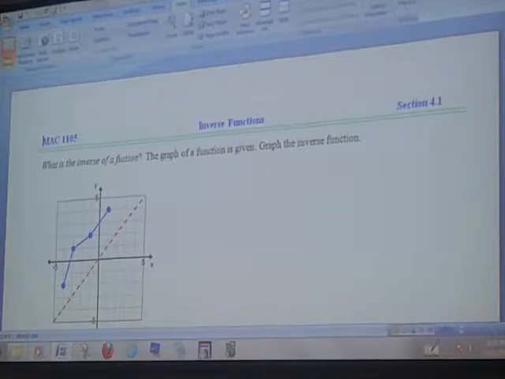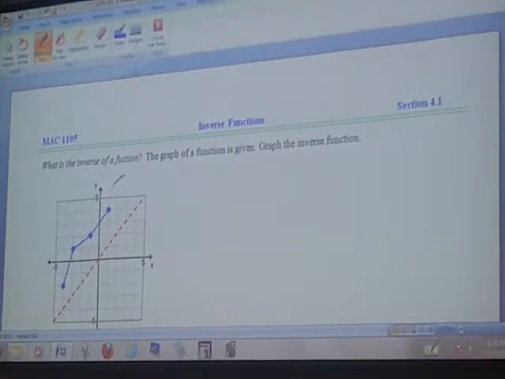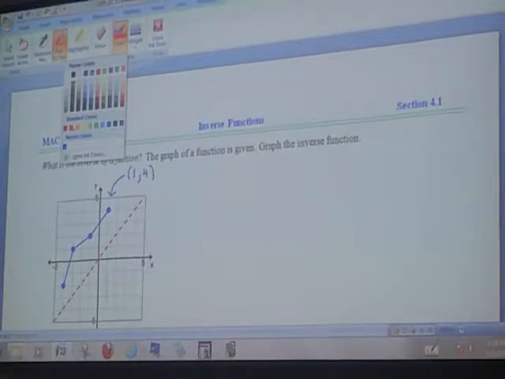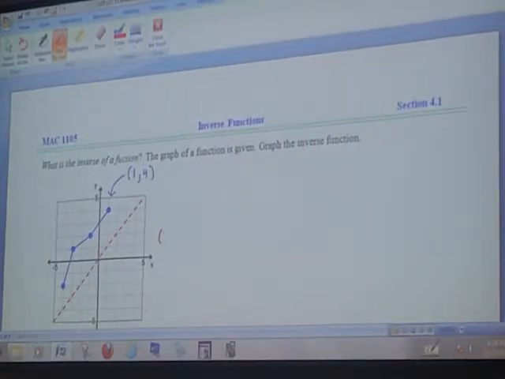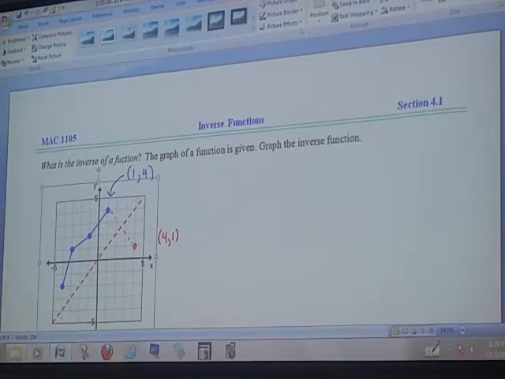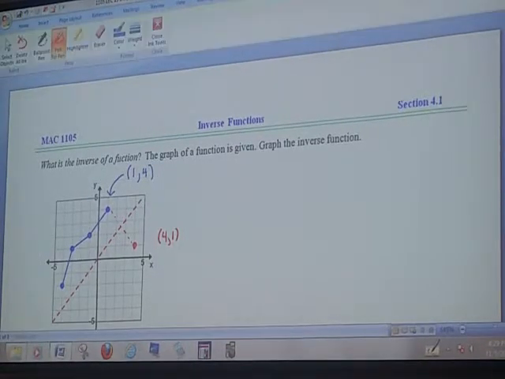So for example, in this one, the coordinates of that point are (1, 4). The inverse to that point would be on the other side of the line, and it would be (4, 1). So you go 1, 2, 3, 4, 1. So they are mirror images of each other across the line y equals x.